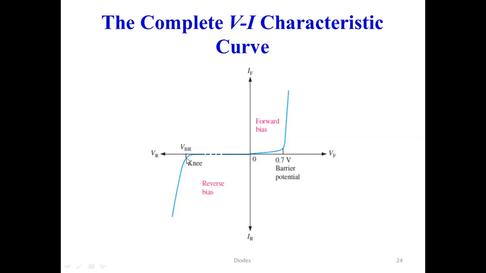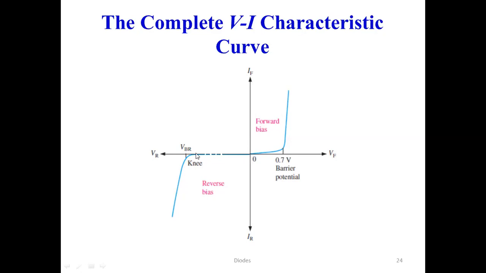Reverse breakdown voltage. Up to this point, the current will be almost 0 because it is due to minority carriers. This is leakage current, so it is very, very minimum current, nearer to 0.